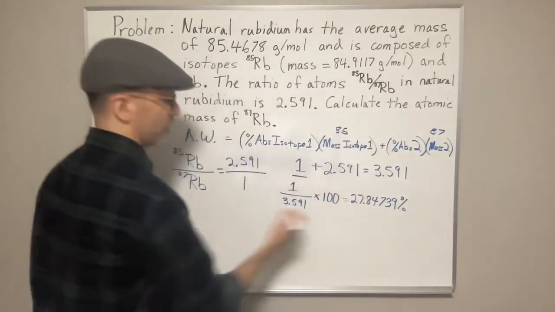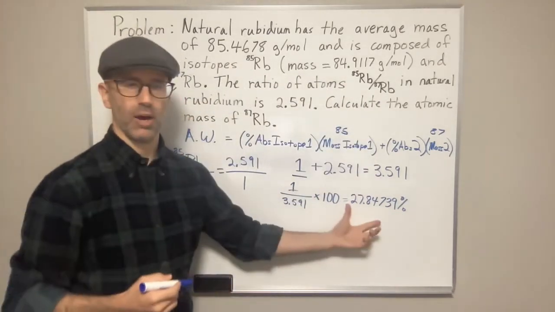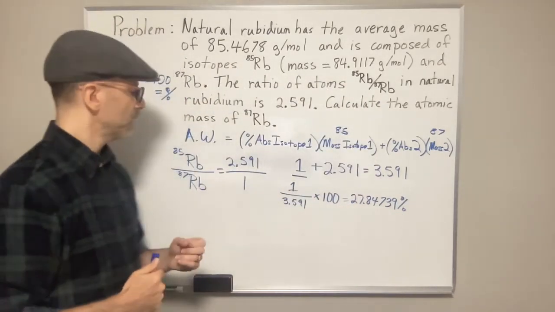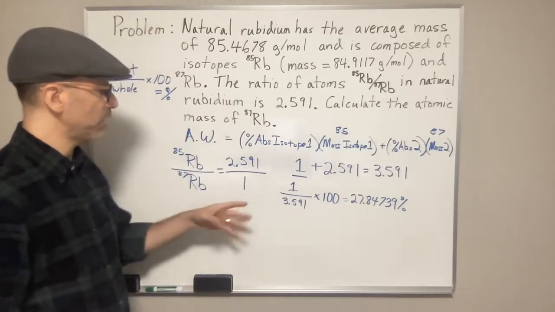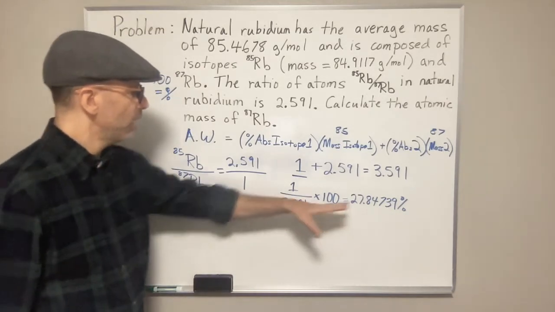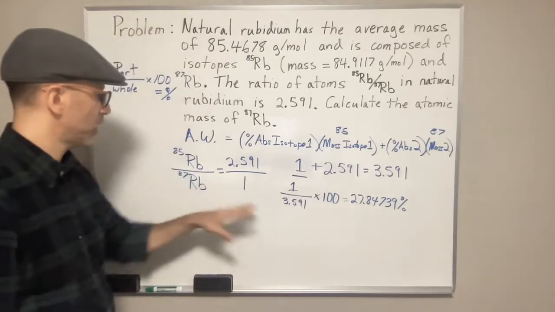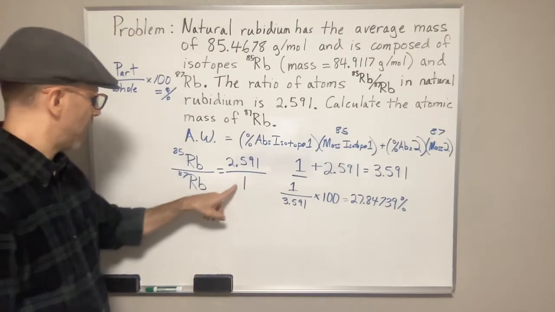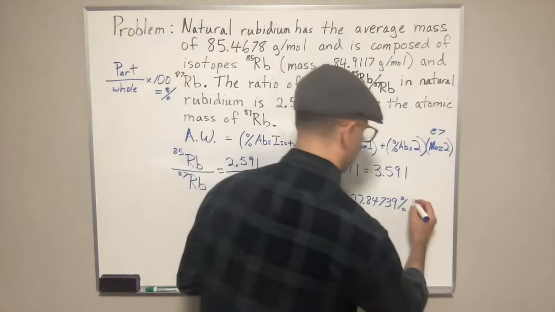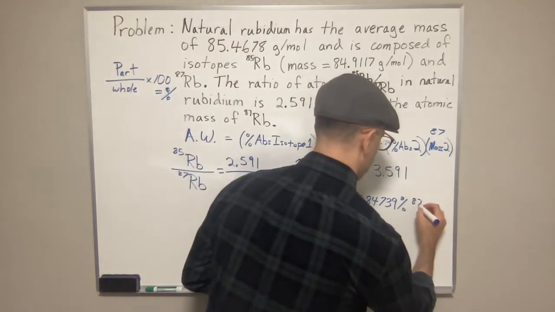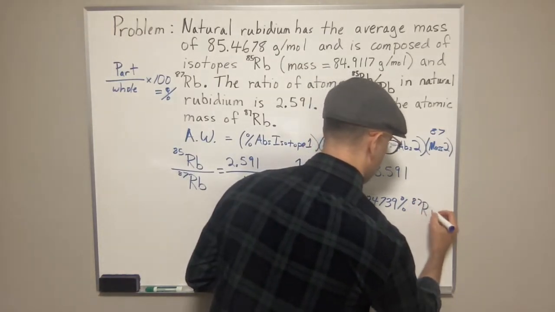I'm adding other digits there because we don't want to have a rounding mistake. So this is the percent, and since we're starting with 1, that is rubidium-87.